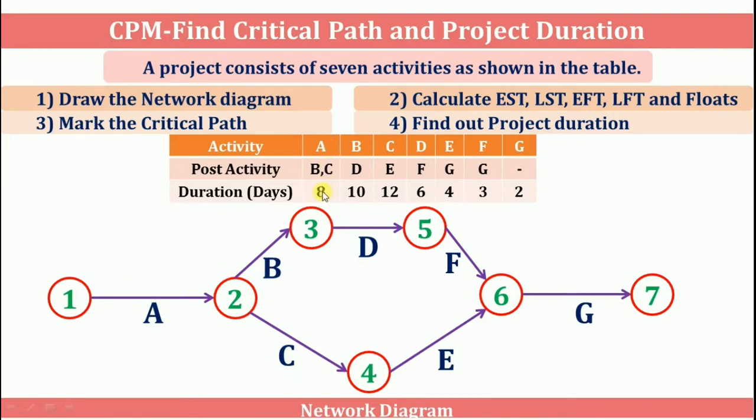For activity A, duration is 8 days, so we'll write here 8. Similarly 10 for B, 12 for C, 6 for D, 4, 3 and 2.